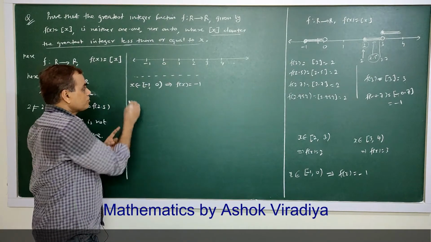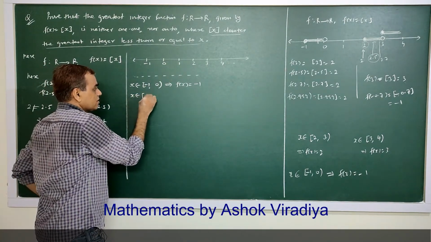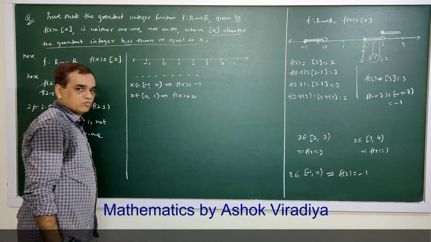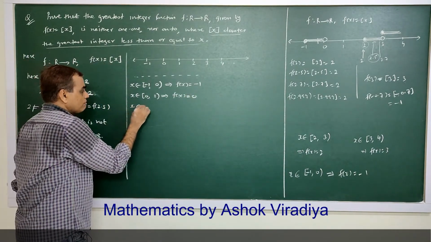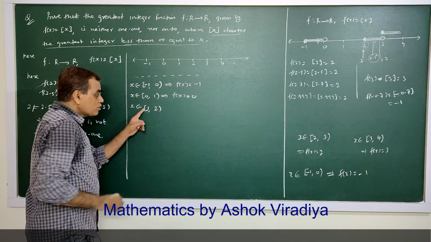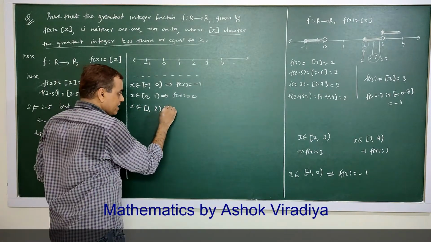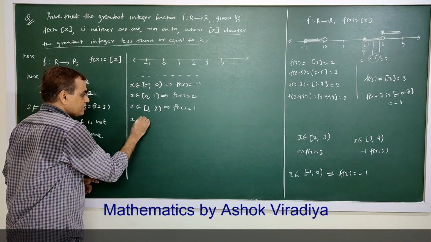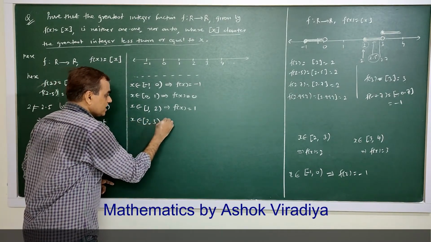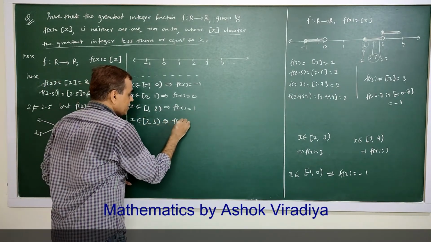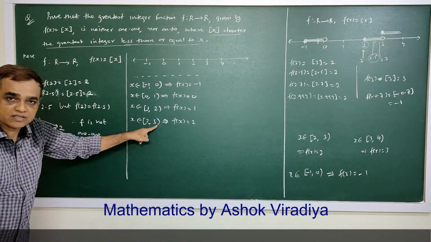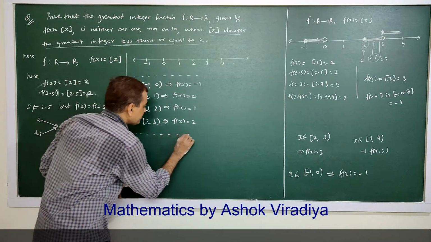If x is from 0 to 1, then images are 0. If x is from 1 to 2, closed 1, open 2, then images are 1. If x is from 2 to 3, then images are 2. See, left side I keep closed, right side I keep open.